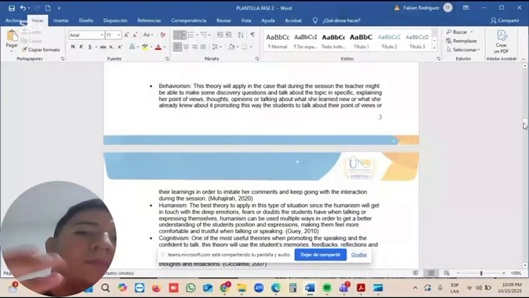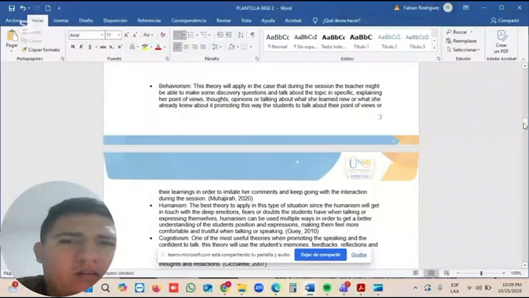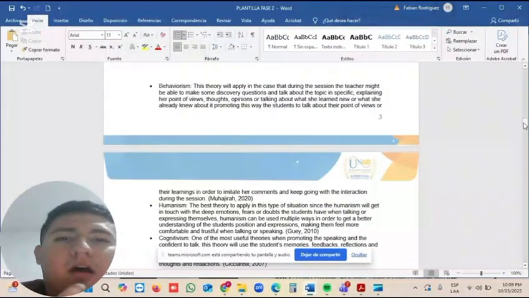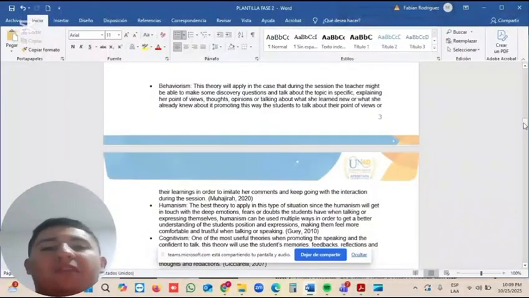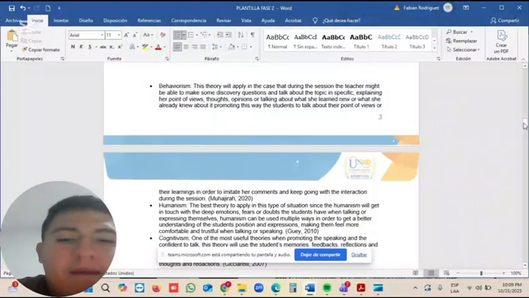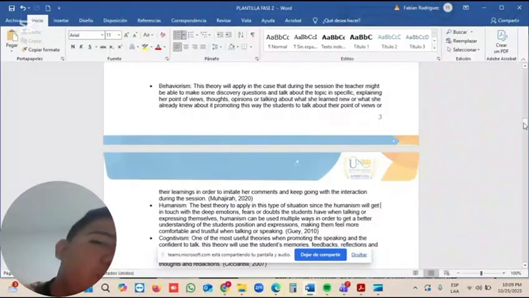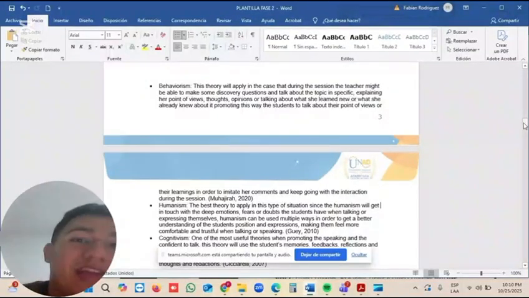Behaviorism would apply in the classroom so they can make discovery questions, talk about the topic specifically, explain all the content of the classes, and discuss between them about the content of the class. So using that behavior and imitating the type of interaction, it will improve the level of the class, and it will get rid of that lack of confidence.